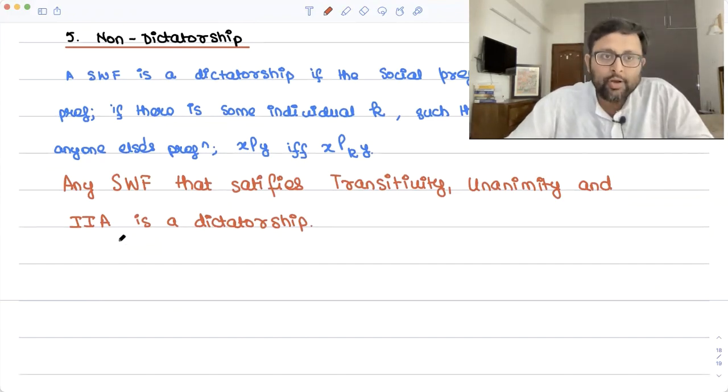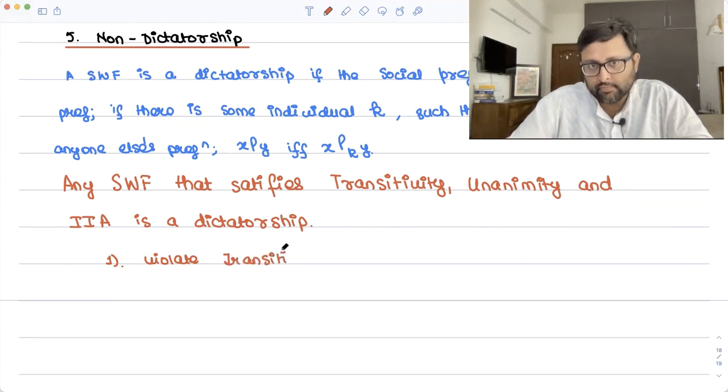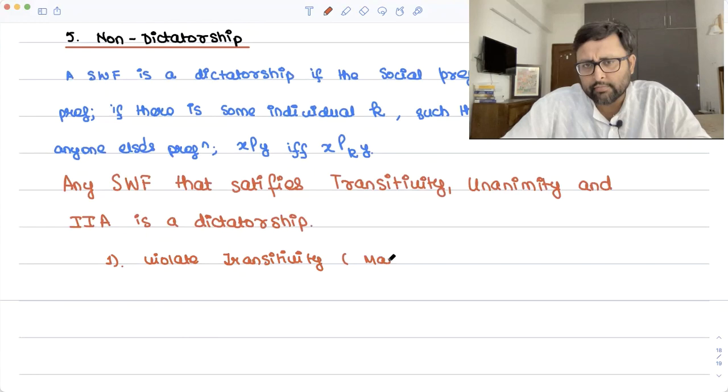So what it is trying to say is that you can basically have four choices. You can violate transitivity. So in your social welfare function, you may violate transitivity, something like majority voting.